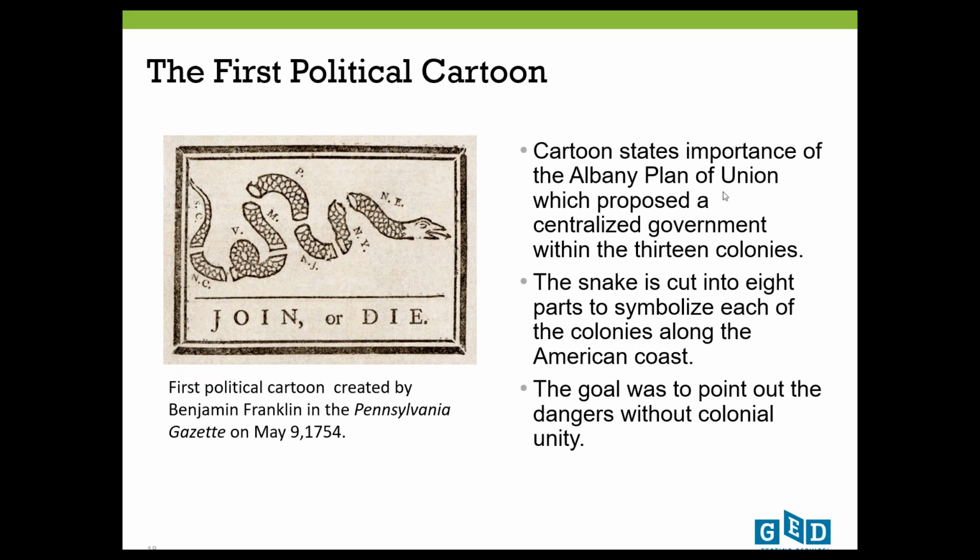The Albany Plan actually was approved in July of 1754. It just never was implemented. But it was important because it was that first take on how governments could work together to look at a centralized government.